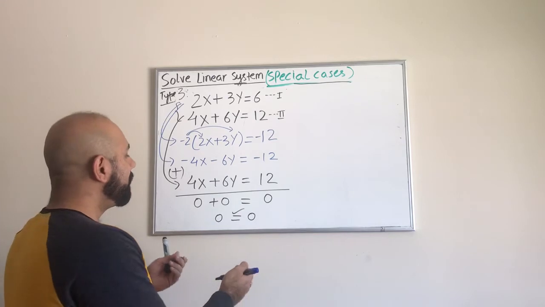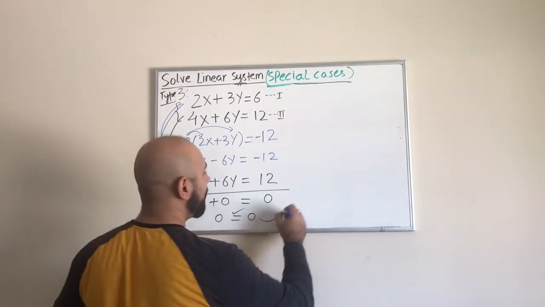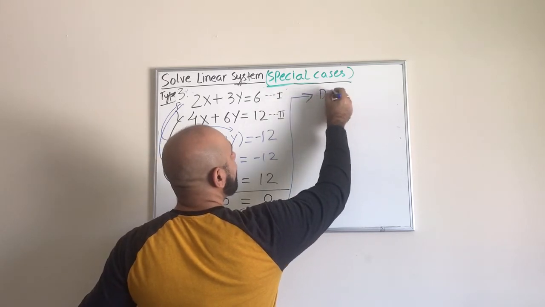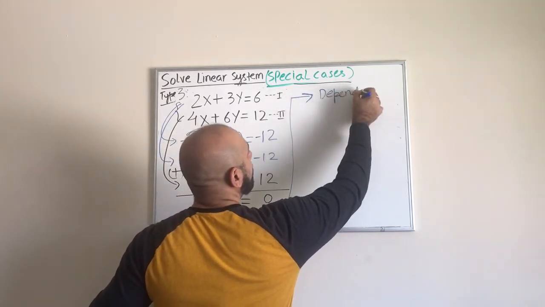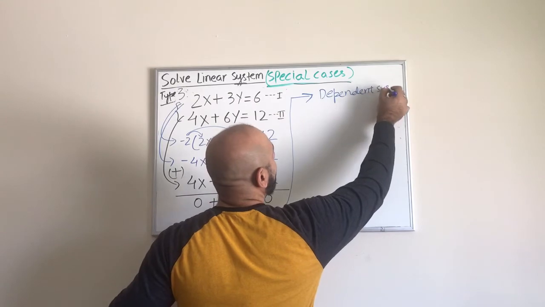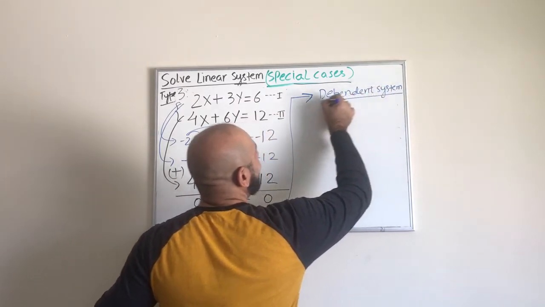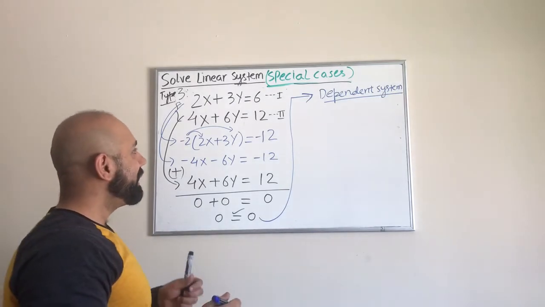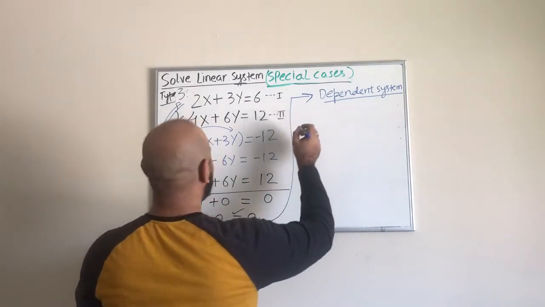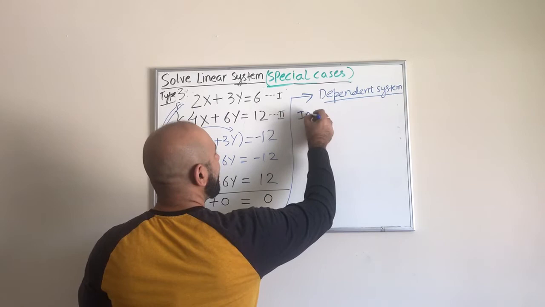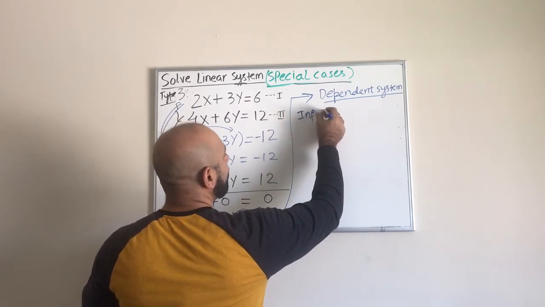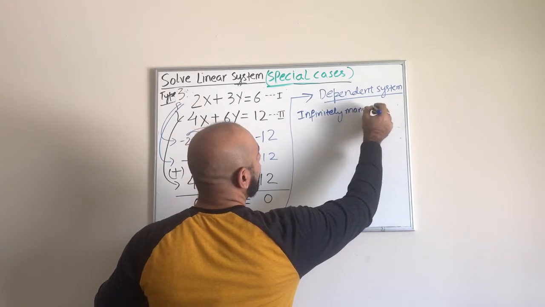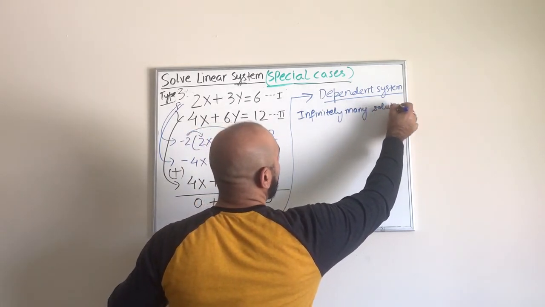Now what is special about this is that this type of system is thought of as a dependent system. Because the two equations are basically the same equations, and it is also thought of as having infinitely many solutions.